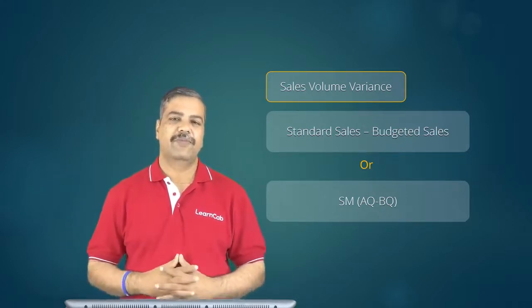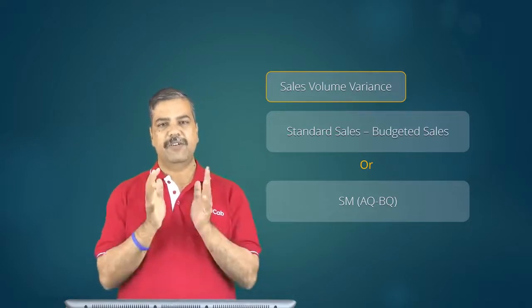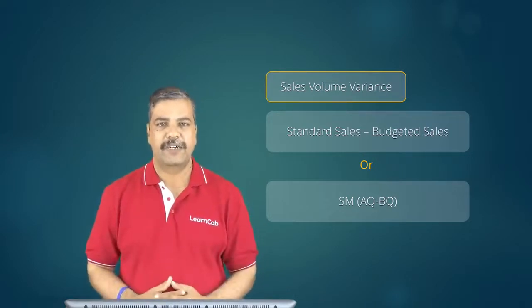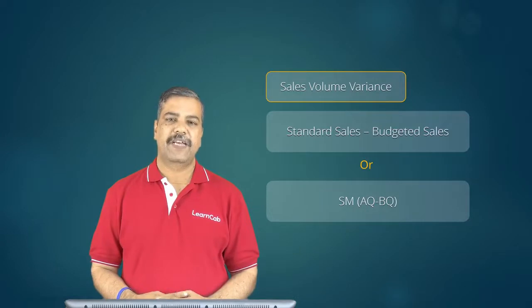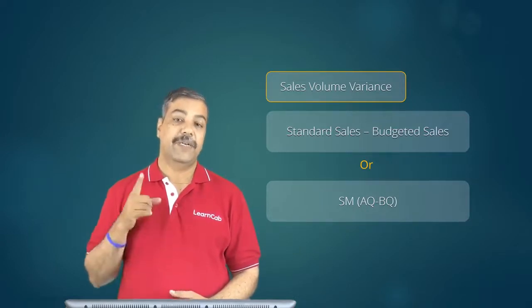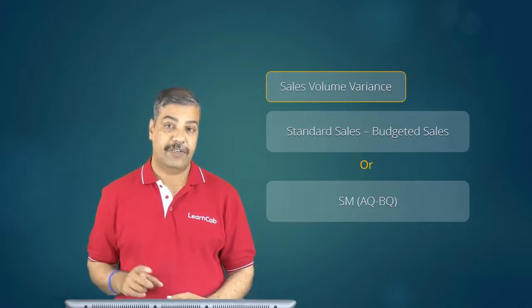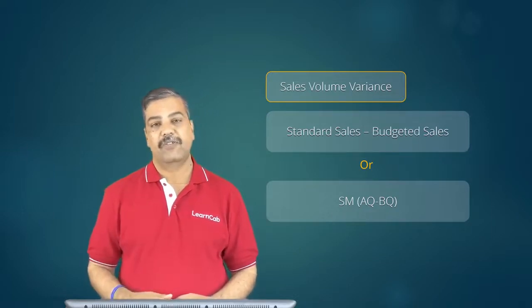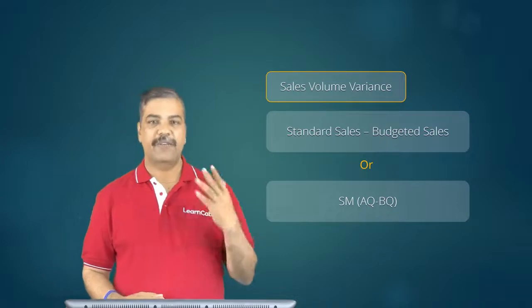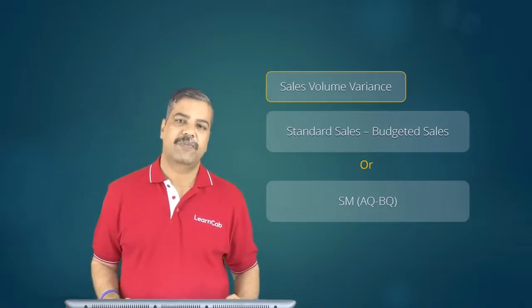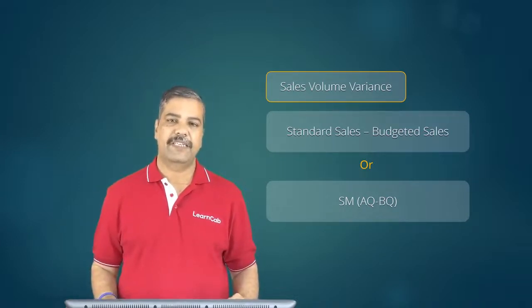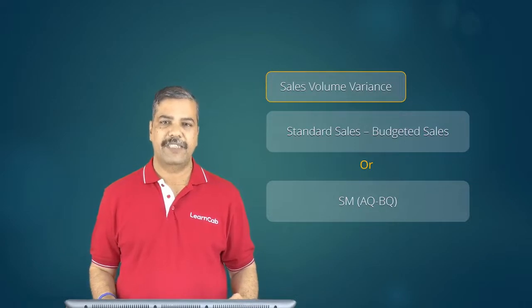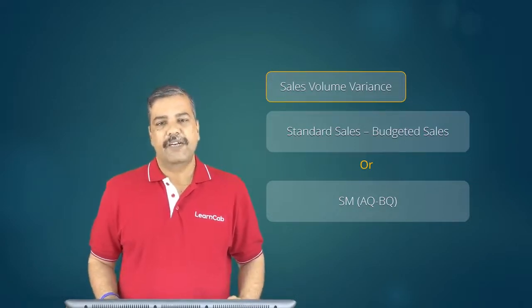Here we are talking about volumes, which means we are talking about quantity. So what is the difference? It is the difference between actual quantity minus budgeted quantity. Be careful: it is budgeted quantity, not standard quantity. You prepare a sales budget and get inputs from that, what you have projected for the next quarter or next half year or next year. That is your budgeted quantity.